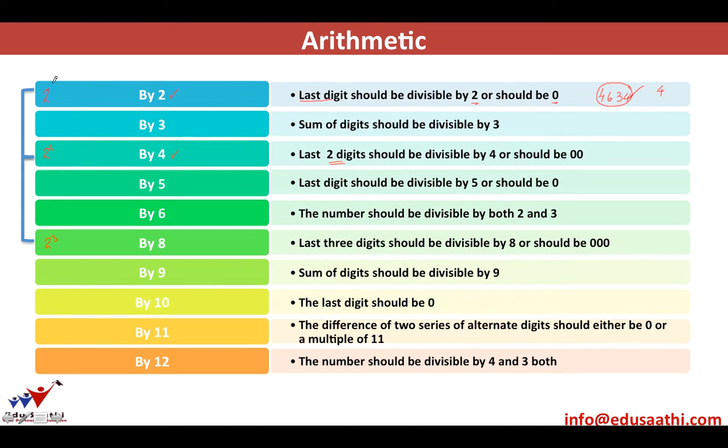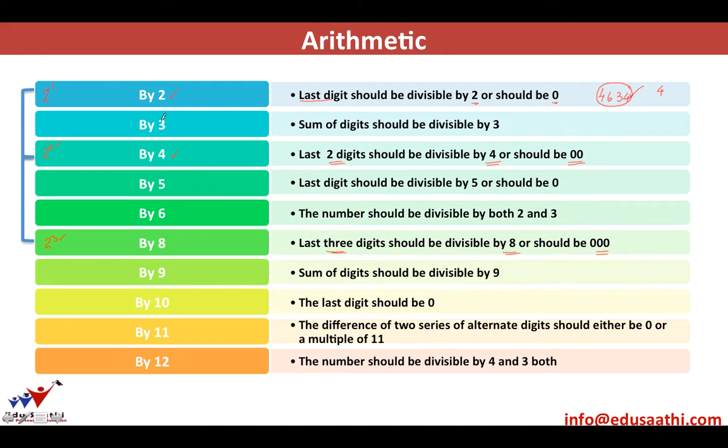Here I am looking at the last digit, here I am looking at the last 2 digits, here I am looking at the last 3 digits. If they are divisible by 4 or they are double zero, the entire number is divisible by 4. For 8, I would look at the last 3 digits, check their divisibility with 8. If they are divisible, or if the last 3 digits are 000, the entire number is divisible by 8.